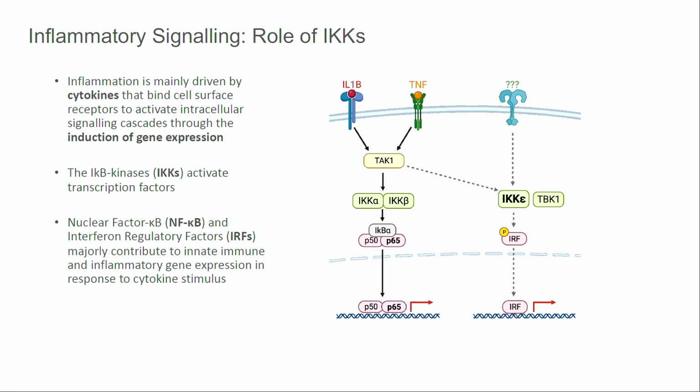And we have the canonical IκB kinases, IKK alpha and IKK beta, which are known to activate NF-κB. But on the other side here, we have the non-canonical IκB kinases, including my favorite IKK epsilon and TBK1. Now, these are more known to activate other transcription factors known as interferon regulatory factors.